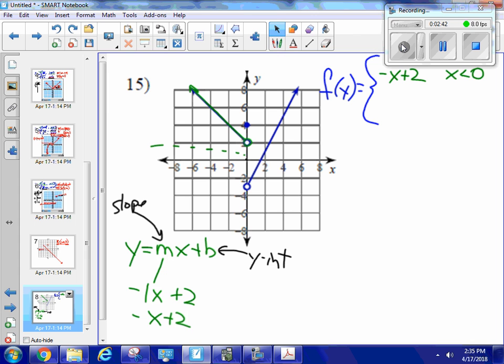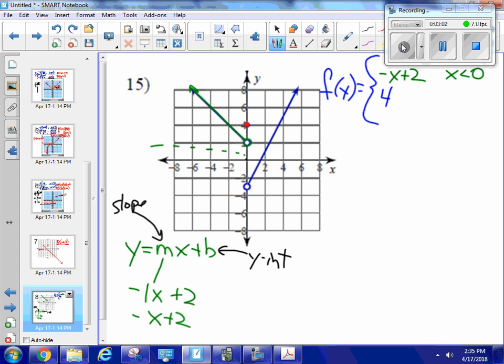And while I was drawing that, I just noticed I have another piece right here. So this is going to be my middle piece, that one right there, that red dot that I just drew. And that middle piece is just a single point, and it's the point y equals 4. So let's do that in blue.